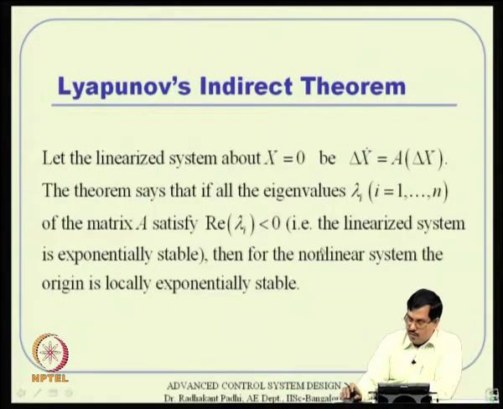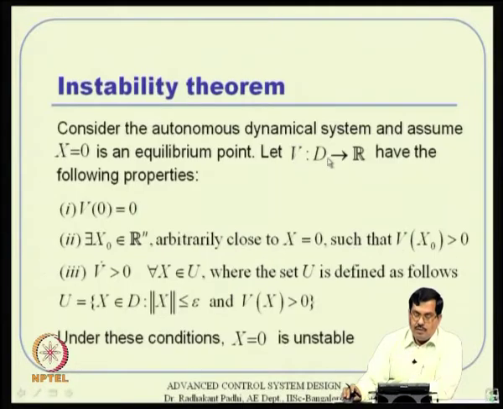So, what about exploiting the possibility that the system can actually be unstable? That is where you will see a number of instability theorems. They are not really Lyapunov's theorems, but Lyapunov-like theorems. We will see at least one condition. Consider the autonomous dynamical system and assume that x equal to 0 is an equilibrium point, and V from R^n to R has the following properties.